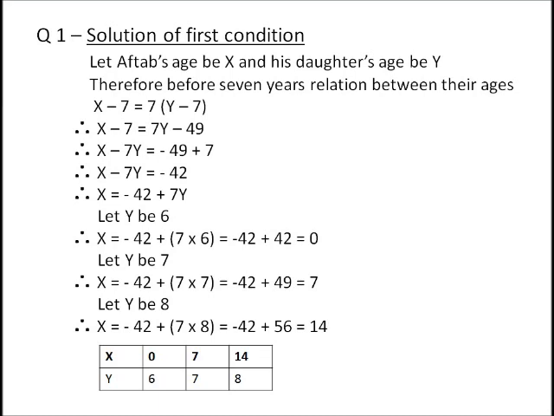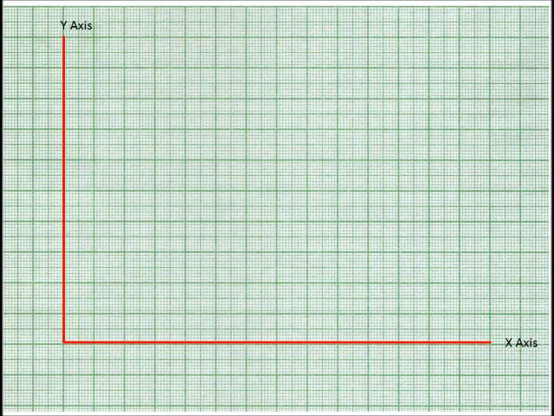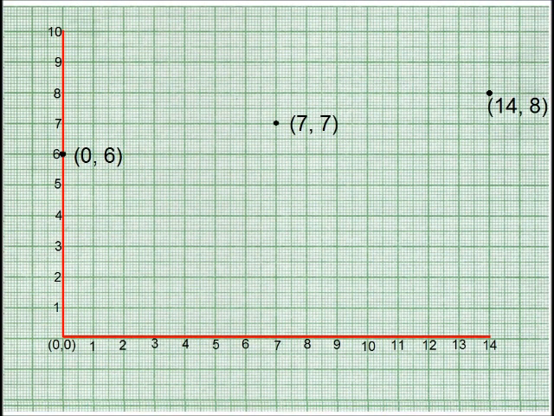Now draw two lines on the graph sheet. One is horizontal to the paper and one is vertical to the paper. The horizontal line is the x-axis and the vertical line is the y-axis.